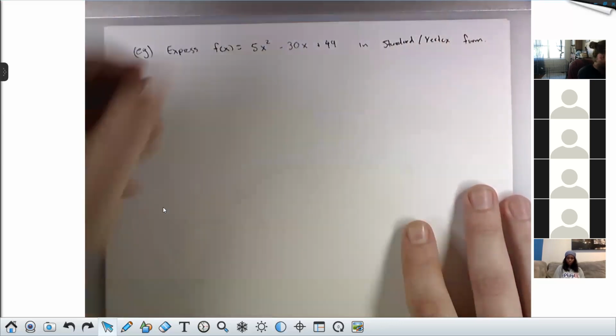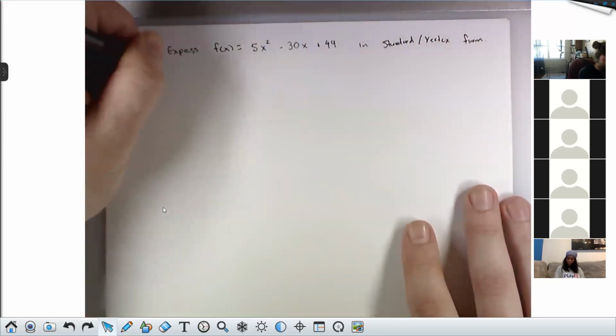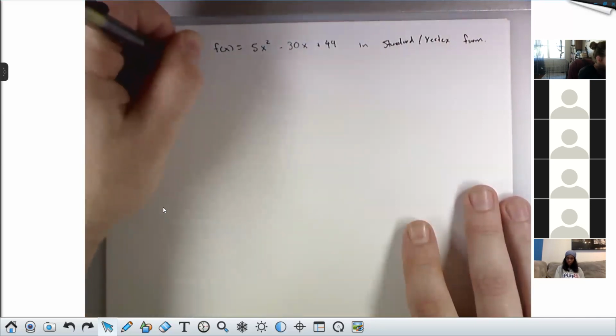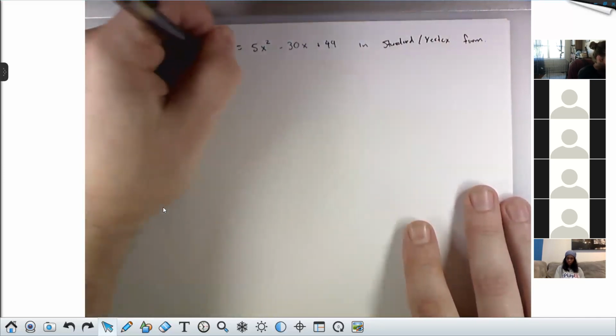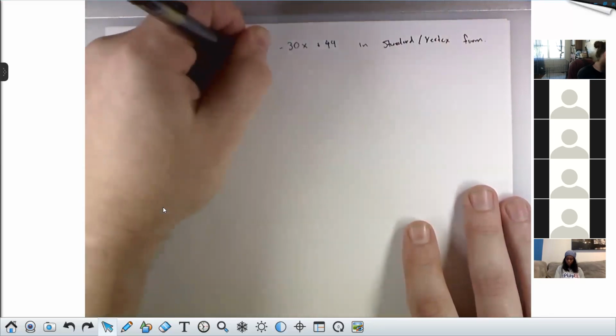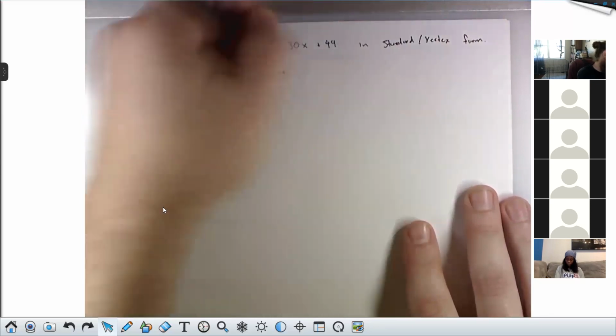And we'll sketch the graph. And we'll find min or max values.